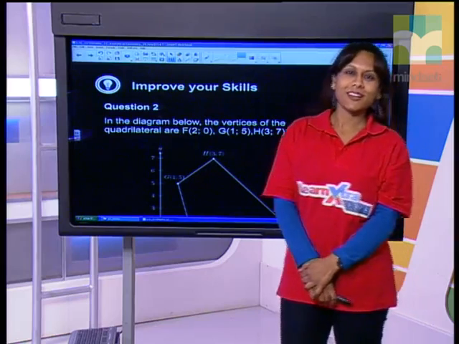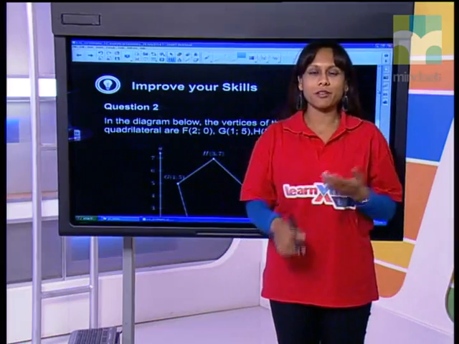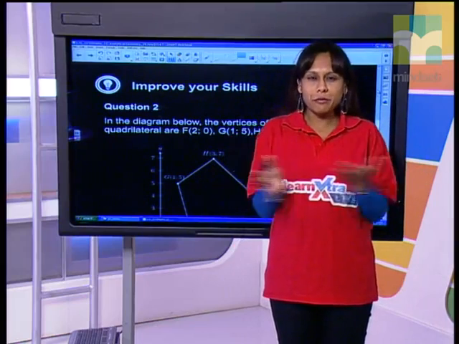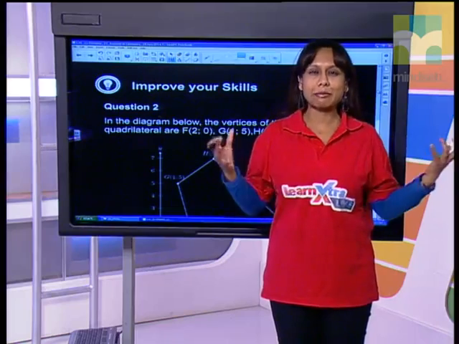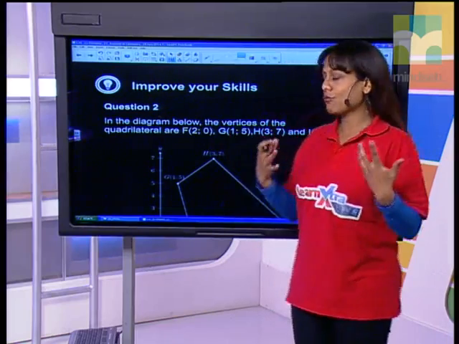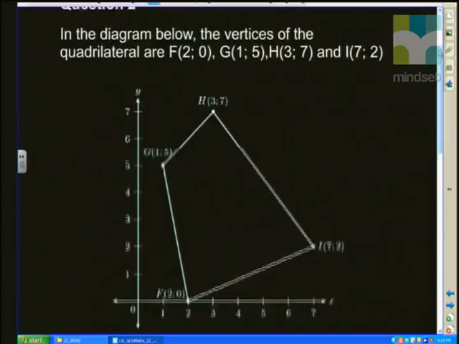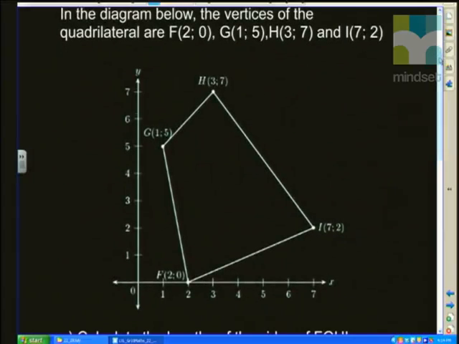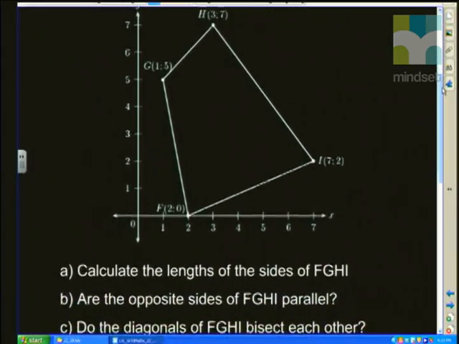Natasha. All right, guys. Okay, so we're back now with a couple more questions. We've done a bit of midpoint formula. We're ready to use distance formula, gradient formula, and let's apply everything into one big question. This is question 2. In your diagram, you've got the vertices of quadrilateral FGHI given, and it's plotted nicely on a plane for you.